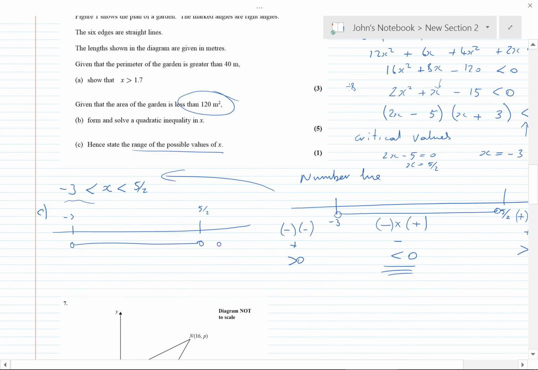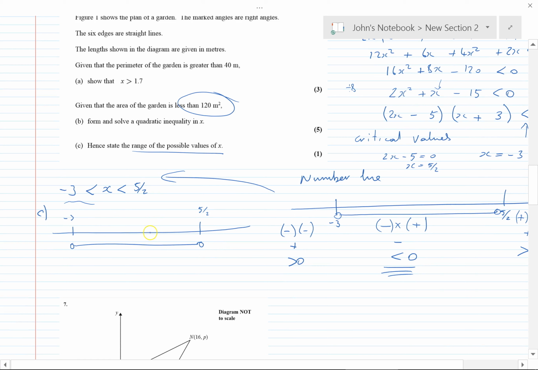X has also got to be greater than 1.7. Now this is 2.5, of course. 1.7 there, I suppose. So we've got X has got to be greater than 1.7.